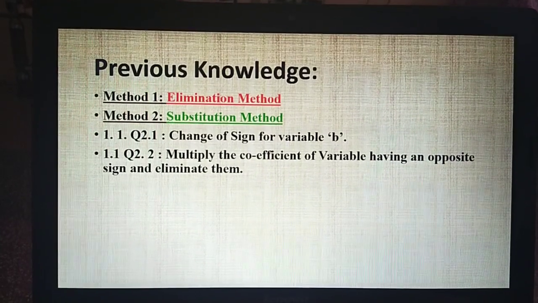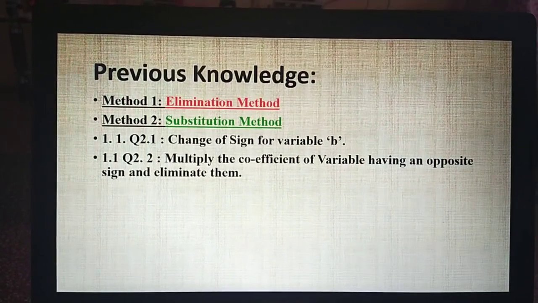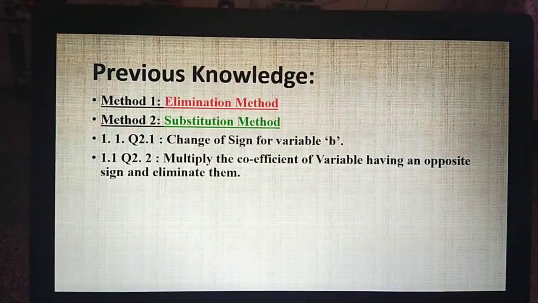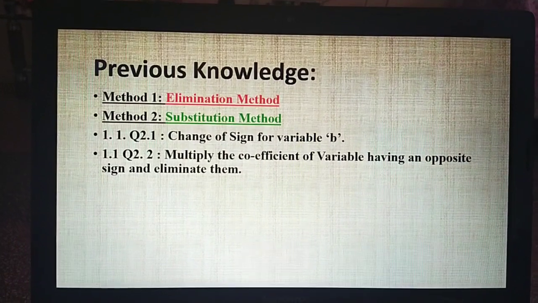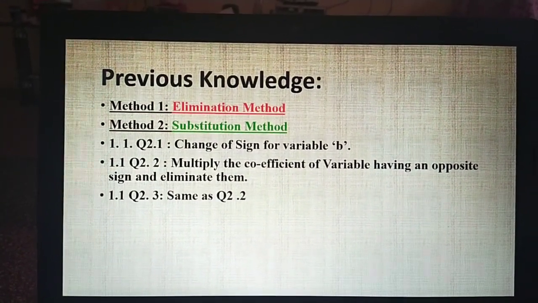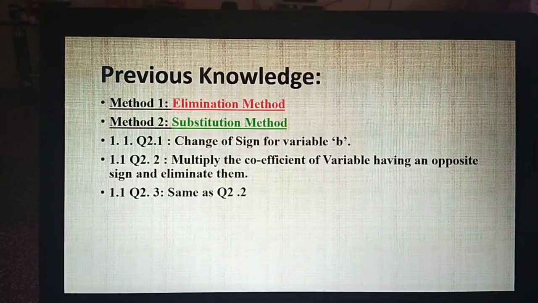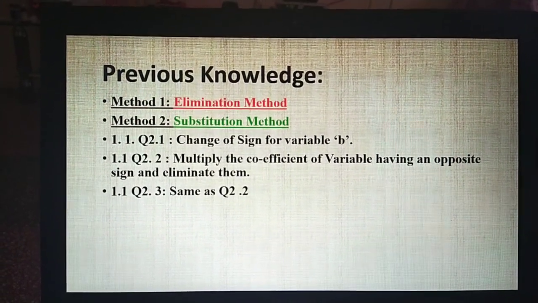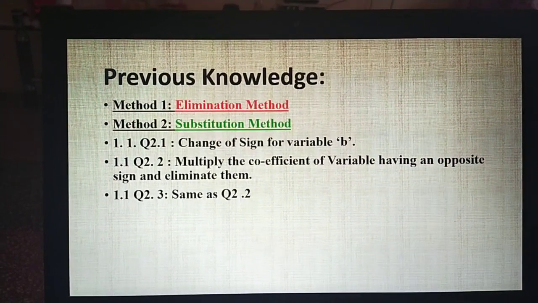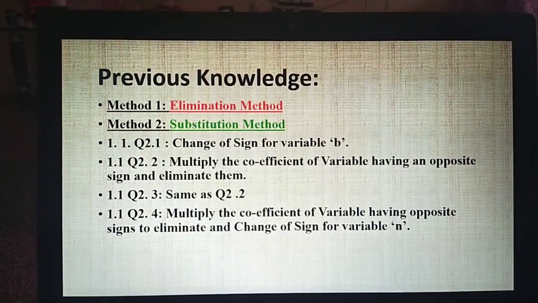1.1 question number 2, second one. We multiplied the coefficients of the variables having an opposite sign and we eliminated them. So opposite signs get cancelled, and even the third sum was the same. The rule was same, multiply the coefficient of variable having an opposite sign and we have to eliminate.